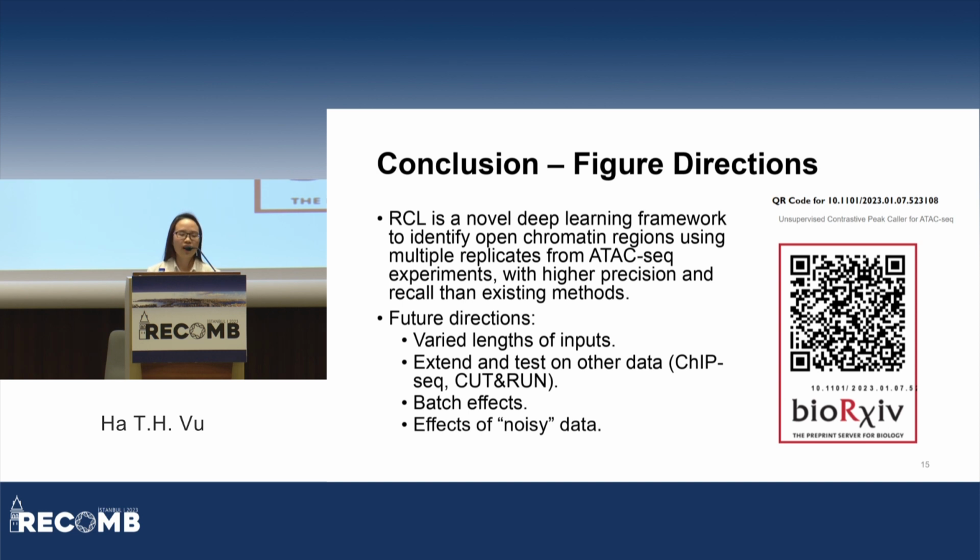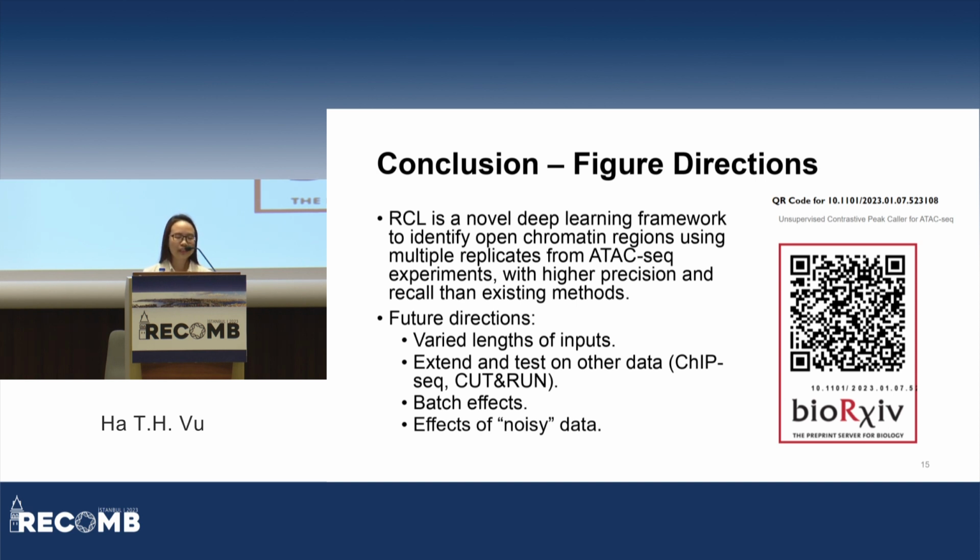In conclusion, RCL is a novel deep learning framework to identify open chromatin regions with replicates from ATAC-seq data, and the peaks called by RCL have higher precision and recall than existing methods.